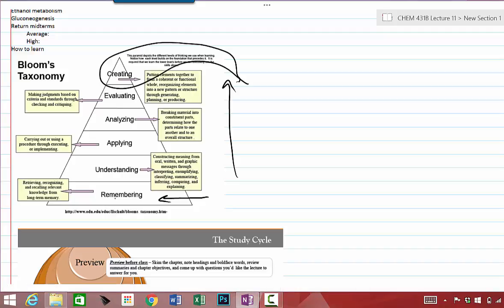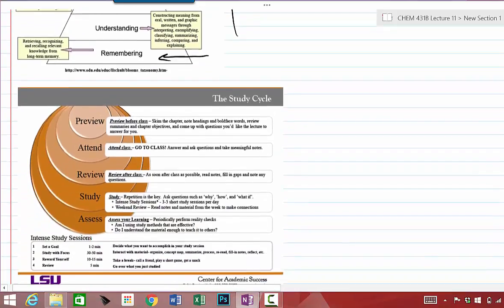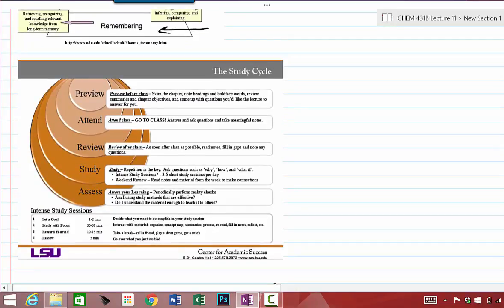I also want to mention that there's something called the study cycle, and it doesn't require very much time, but really focused effort. This is actually part of a lecture that was given to us by a professor at LSU, Louisiana State University.